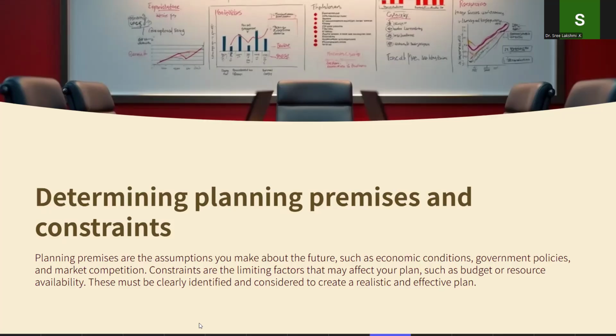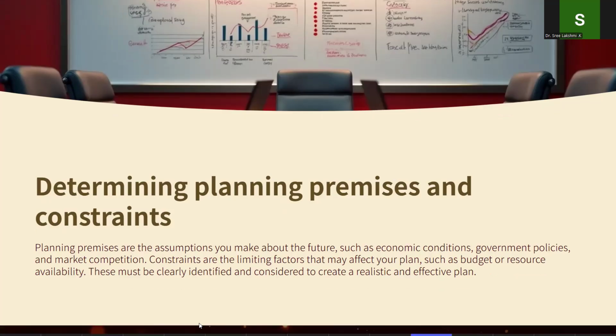Constraints are the limiting factors that may affect the business plan, such as budget or resource availability. These must be clearly identified and considered to create a realistic and effective plan. So therefore, there will be constraints like government control, which affects the plans. Plans should be formulated by the management in the backdrop of such premises and constraints.